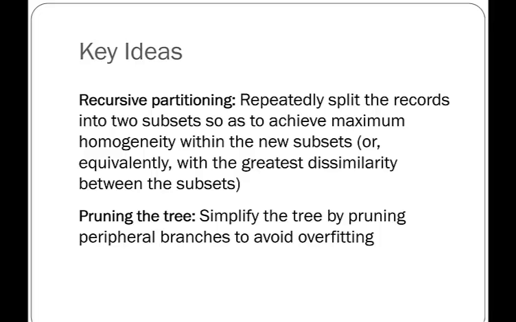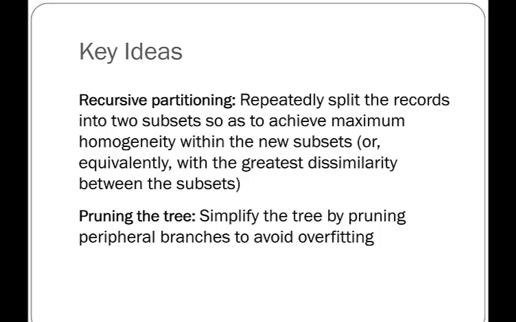The key ideas here are, first of all, recursive partitioning, where we continually split the records into 2 subsets to achieve the maximum similarity within each new subset, which is the same thing stated differently as the greatest dissimilarity between the subsets. Another way this is done is by pruning the tree.